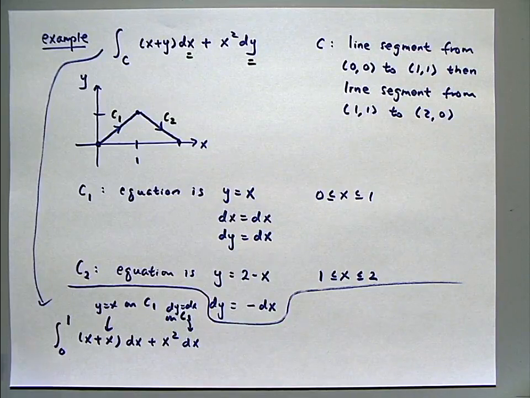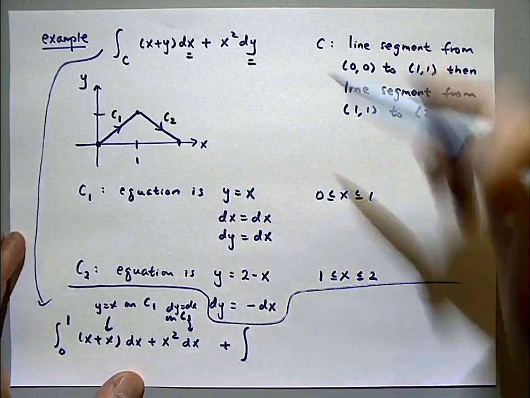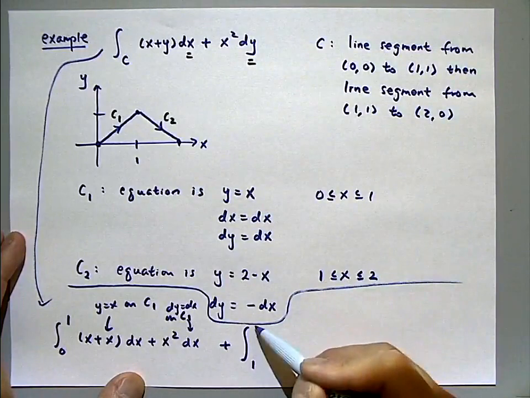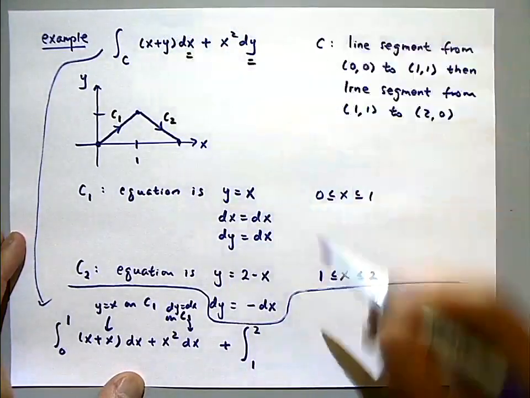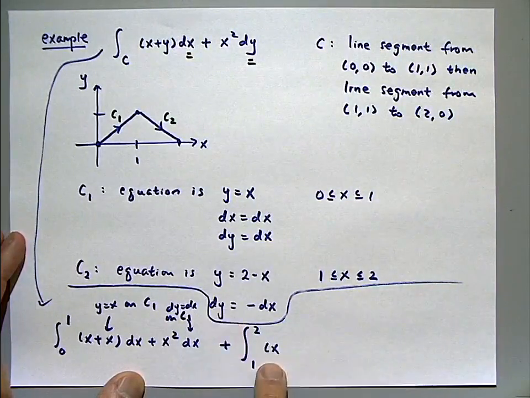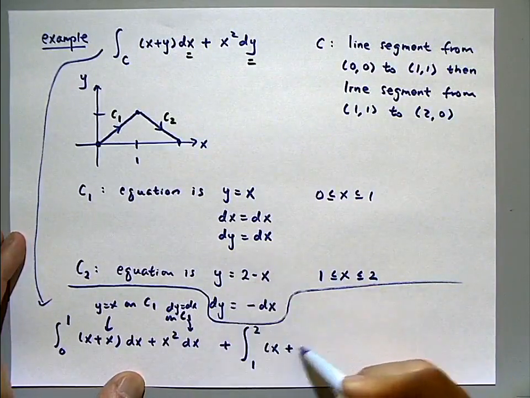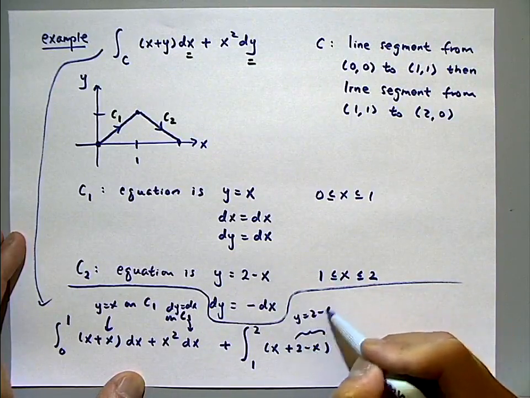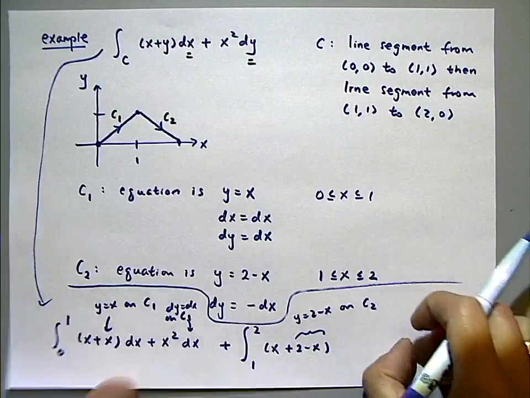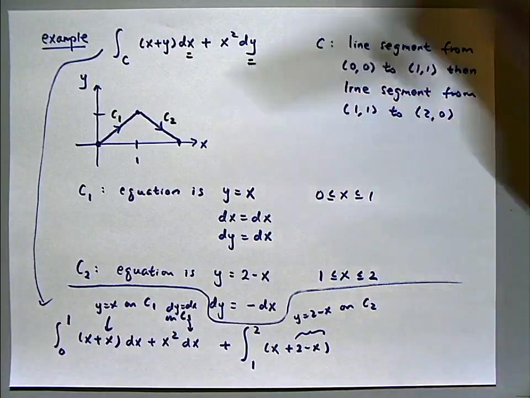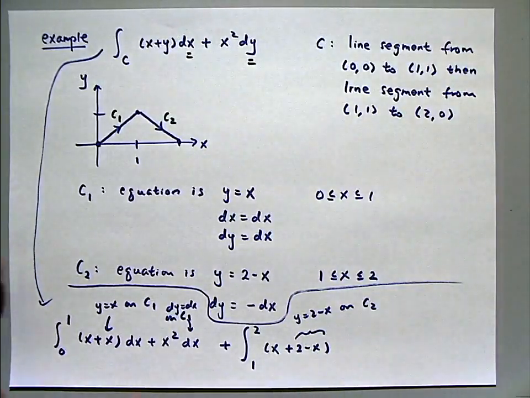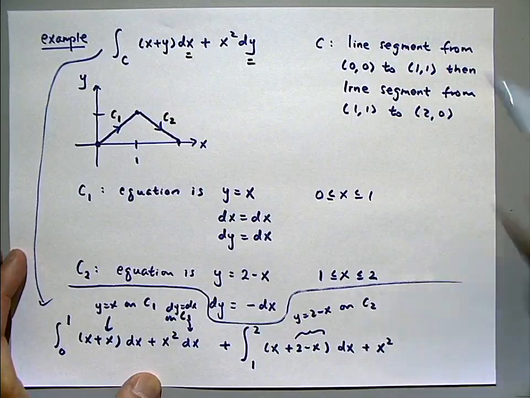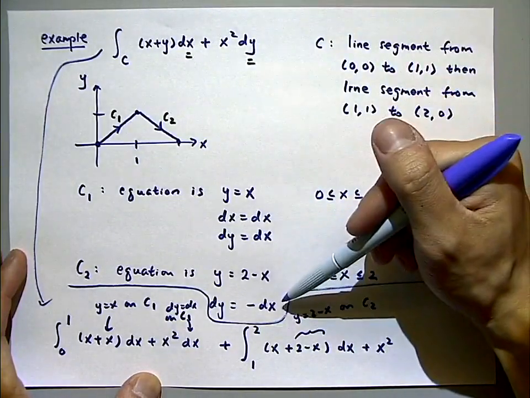Okay? Now we need to do C2. For the second half of the path, x goes from 1 to 2. x plus y becomes x plus (2 minus x), and that's because y is equal to 2 minus x on C2. dx plus x squared, and then dy on the second half is negative dx.